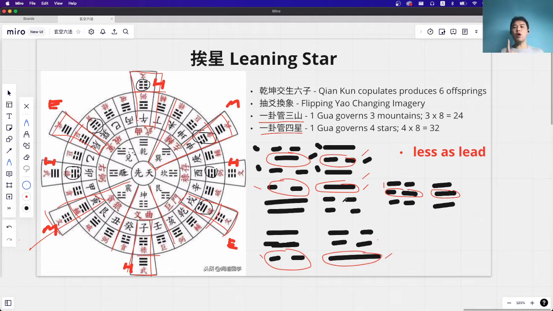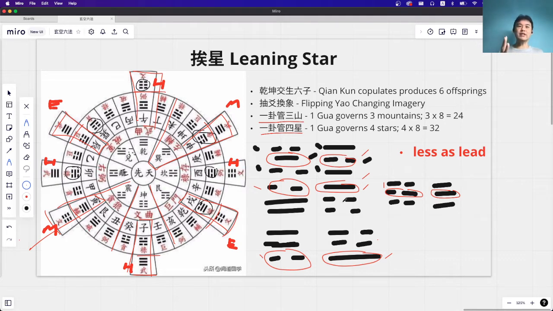So tentatively, 1 gua will produce 4 stars. Flipping each gua's yao will only produce 3. You need to do the last step, which is to flip all 3 yaos to get the 4th gua.